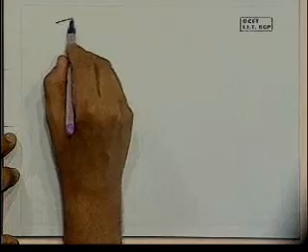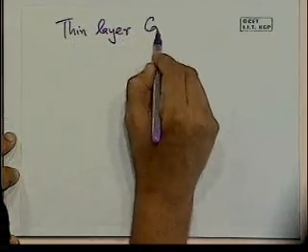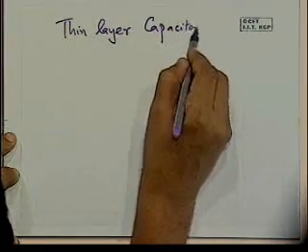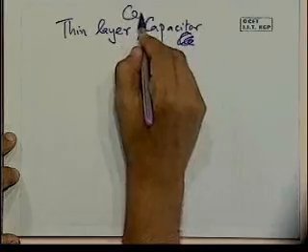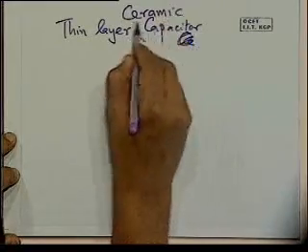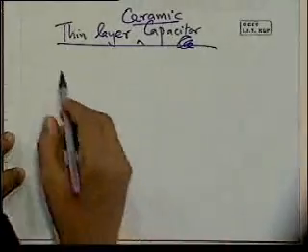I'm going to take up the different kinds of construction for various types of ceramic, for various types of capacitors. Let's begin with a thin layer ceramic capacitor. I'm just going to look at 3-4 different kinds of capacitors. I'm sorry, ceramic capacitor. Okay? Now this comes in a couple of different variations.